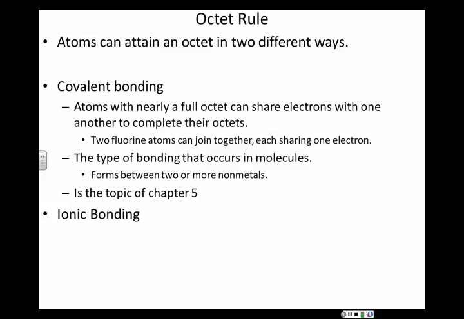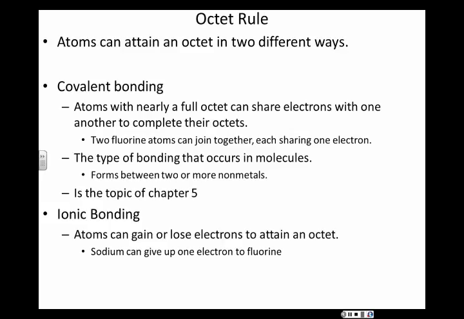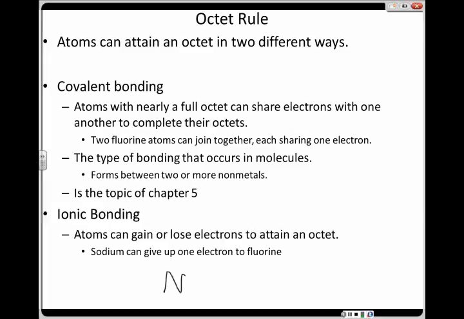In this chapter, we're going to talk mostly about ionic bonding. Ionic bonding is just a little less elegant, a little more ham-fisted. To get to the number of electrons they need, they just get rid of electrons, or just take them. So, sodium, for example, has 1 valence electron, and fluorine has 7.